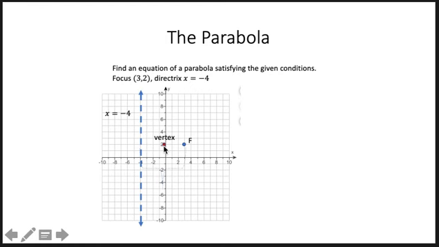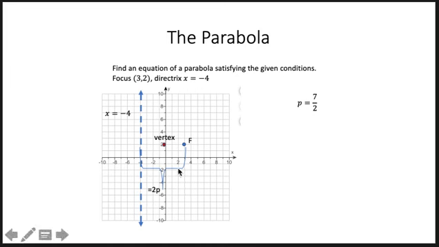That's our vertex. So what is that distance? Well, you can count the tick marks. 1, 2, 3, 4, 5, 6, 7. So that distance is 7. And 7 is what twice p is equal to. So 7 divided by 2 is what that distance is. That's what p is equal to. So p is equal to 7/2.